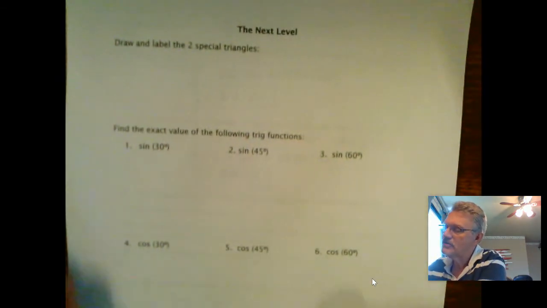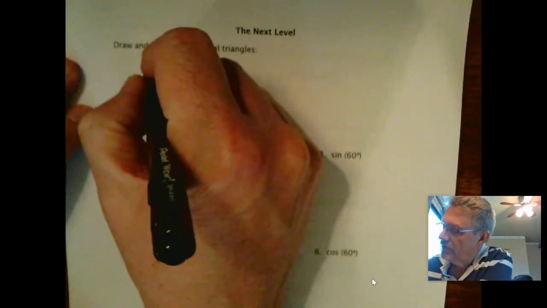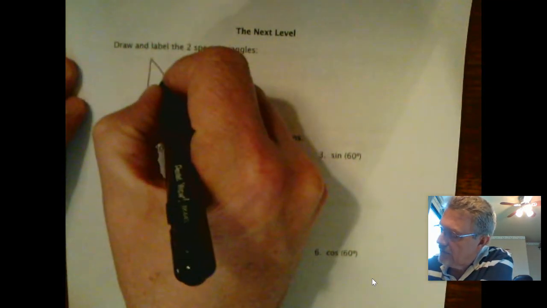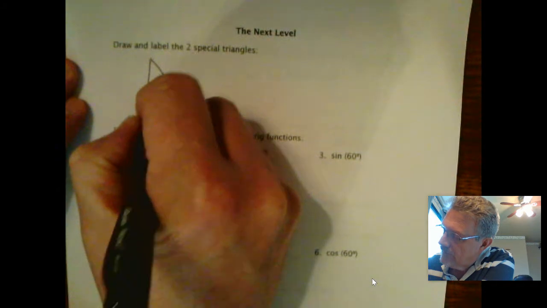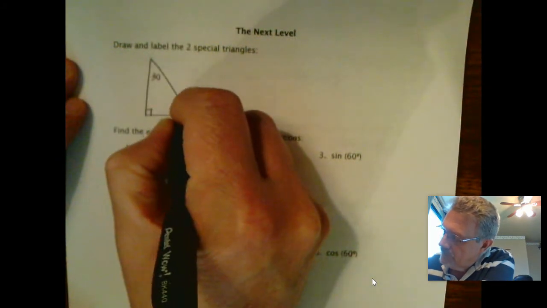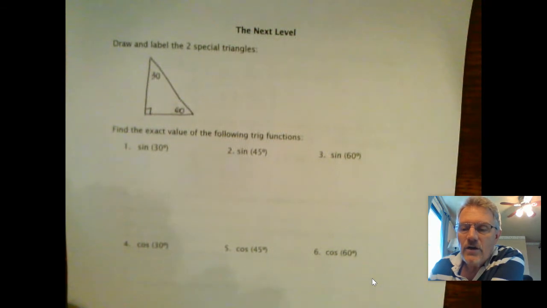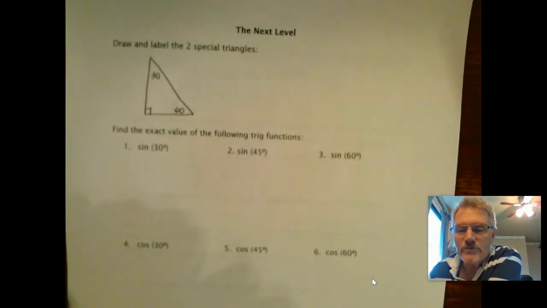All right. And the last page, draw and label the two special triangles. The first one I'm going to draw is the 30, 60, 90. The smallest leg is always equal to 1/2 of the hypotenuse.